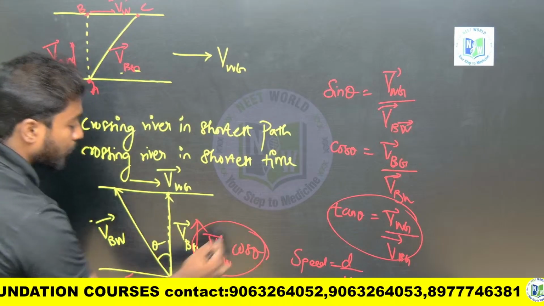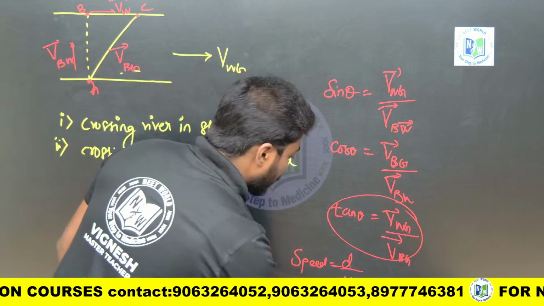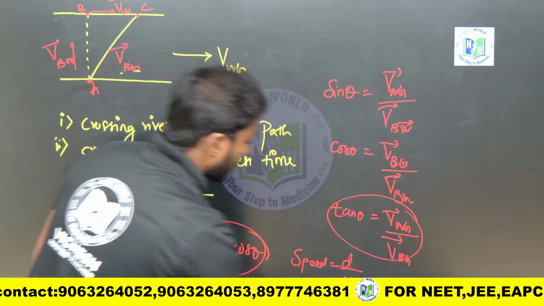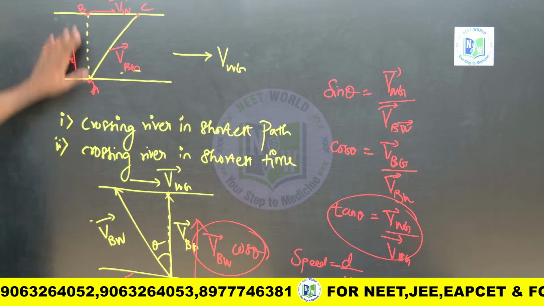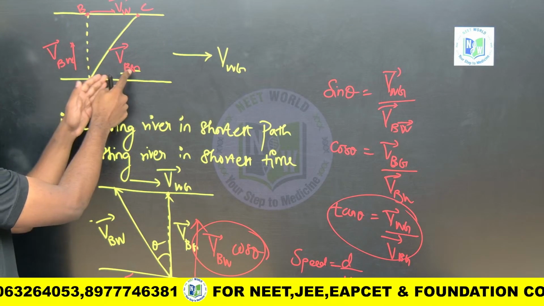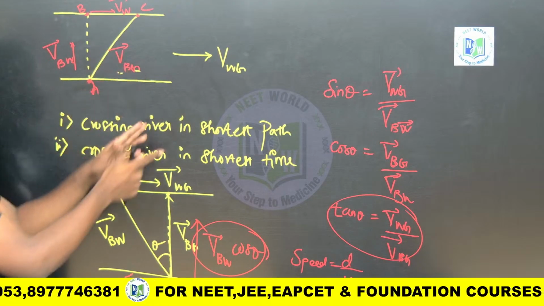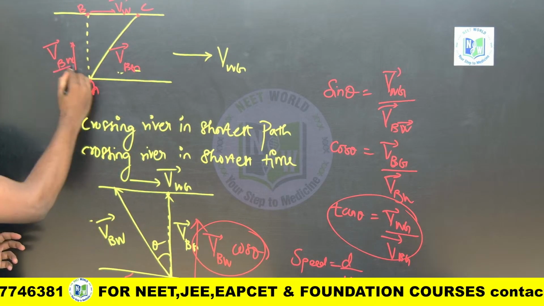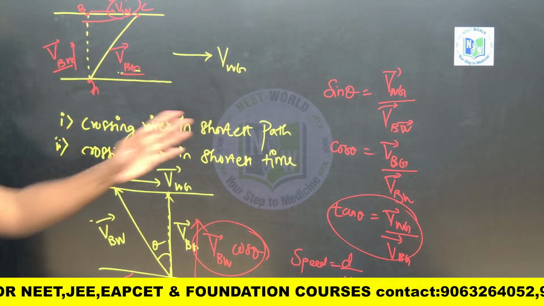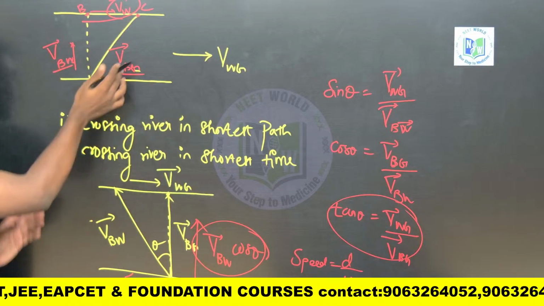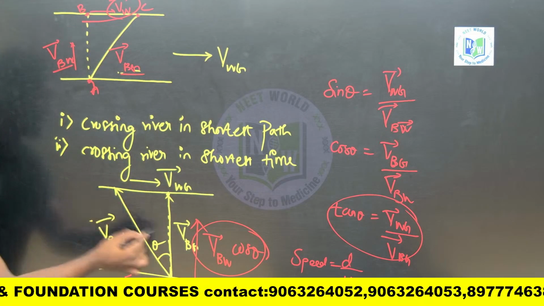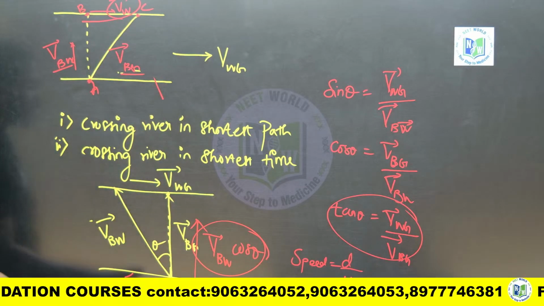Velocity of boat with respect to ground, that is velocity of boat with respect to water cos theta. You keep in mind only this diagram: velocity of boat with respect to water, velocity of boat with respect to ground, BW, BG. The velocity of water is only in this direction. The same thing you apply here, this in the inclined angle and this one in the straight direction.